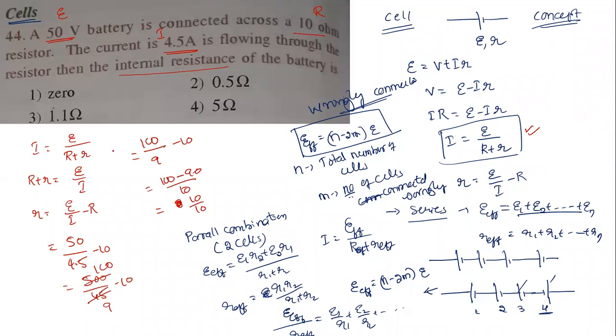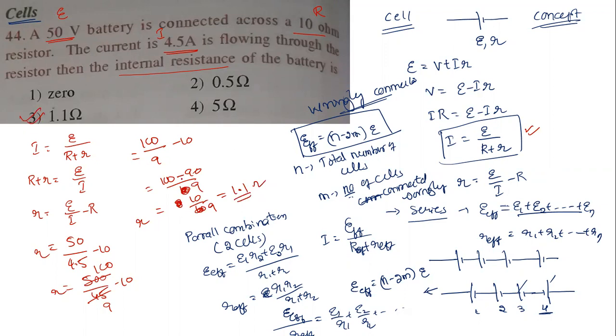Check here: 500 by 45, 5 times 9 is 45, so it is 10 by 9, not 10 by 10. If we simplify, we are finding r, and 10 by 9 is 1.1 ohm. So the third option.